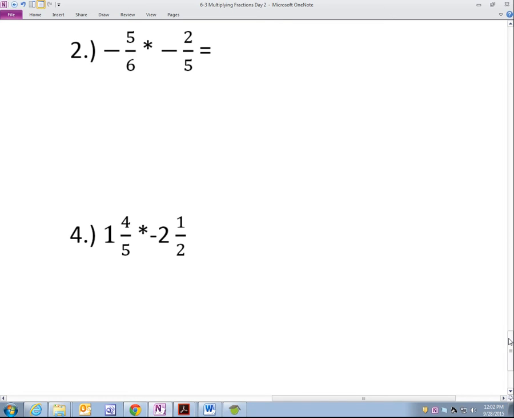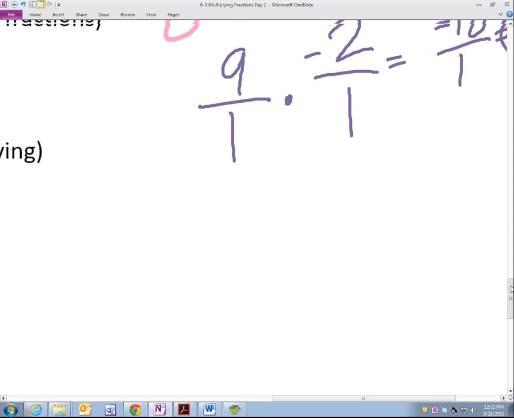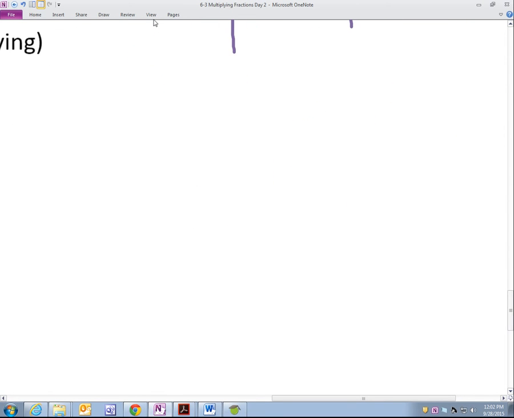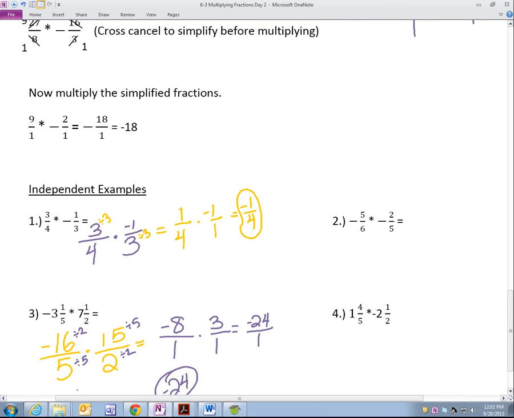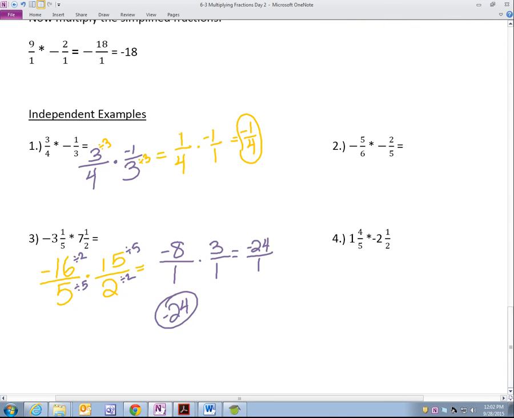You are to be working on these, and why do you not have written what I have written? You didn't have time. Yeah, you did. You were zoning out. Again, that's twice. If your independent examples for number 1 and number 3 do not look exactly like that, I am not your babysitter.